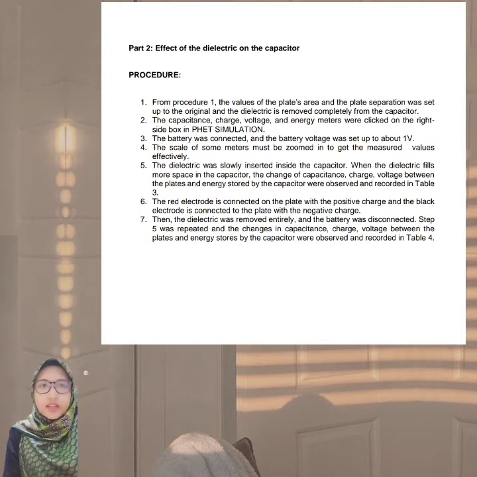The red electrode is connected to the plate with the positive charge, and the black electrode is connected to the negative charge. 7. Then the dielectric was removed entirely and the battery was disconnected. Step 5 was repeated and the changes in capacitance, charge, voltage between the plates, and energy stored by the capacitor were observed and recorded in table 4.